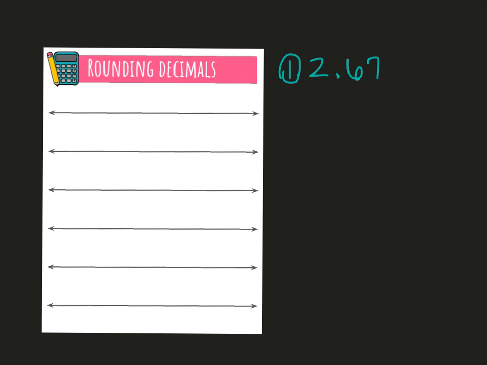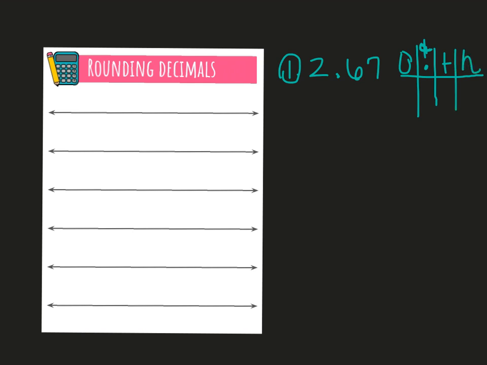When I set this number up in a place value chart, I'm going to have my ones, my decimal, which I'm just going to use the symbol for right now, and then I have my tenths and my hundredths, okay?